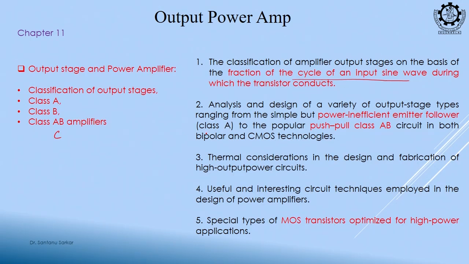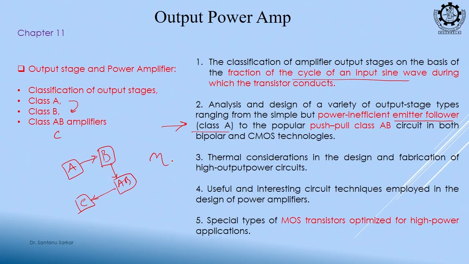If we start with class A, we already have studied that, that is our common collector or emitter follower. But the problem of class A is its power inefficiency. We will be seeing why we are going from A to B and then from B to AB and then why to C. You can understand that one important factor is power efficiency.